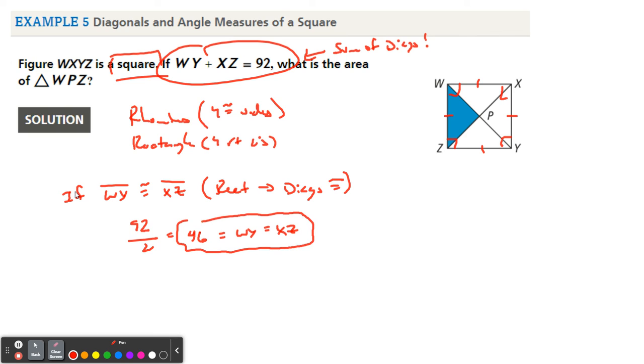So that's the first part. Now we have the length of a diagonal. Now what I'm going to do is focus on triangle WPZ, this blue triangle. I'll trace it in purple.